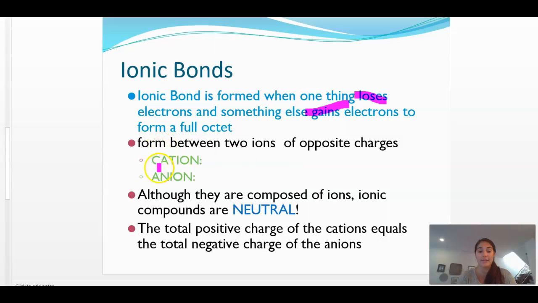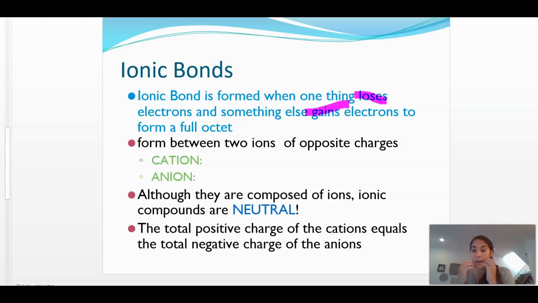So a cation is formed when an atom loses electrons, creating a positive charge. Anions are formed when an atom gains electrons and therefore has a negative charge. So cations are positively charged, anions are negatively charged.